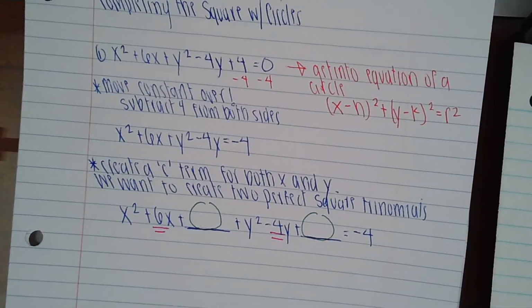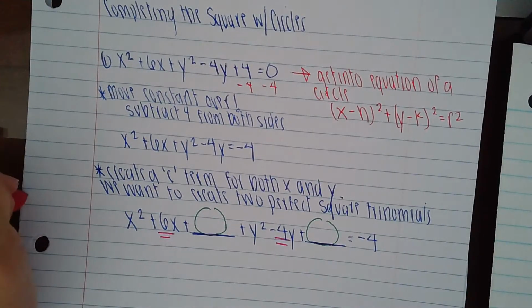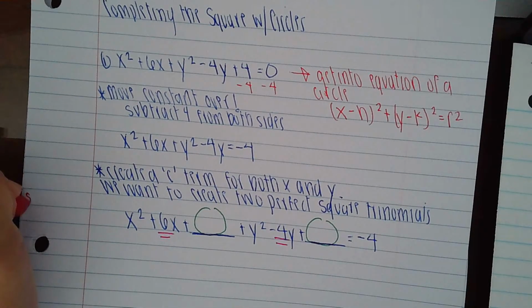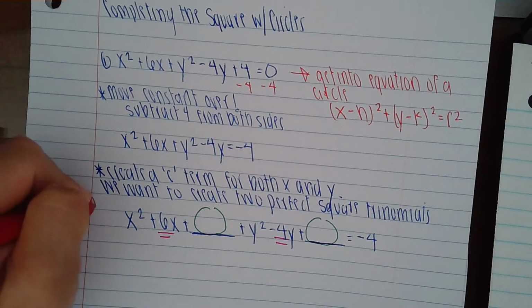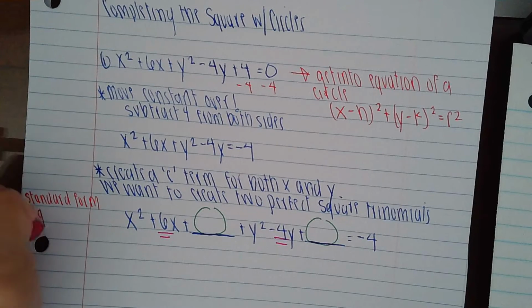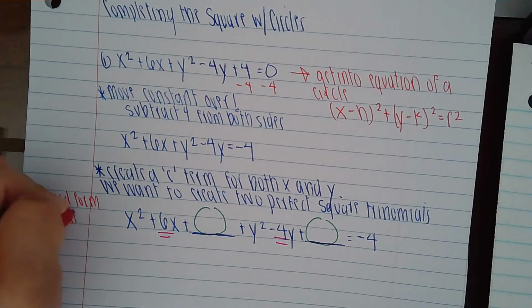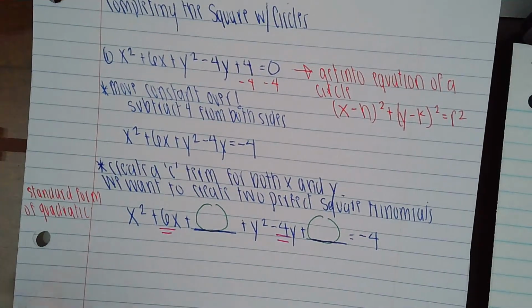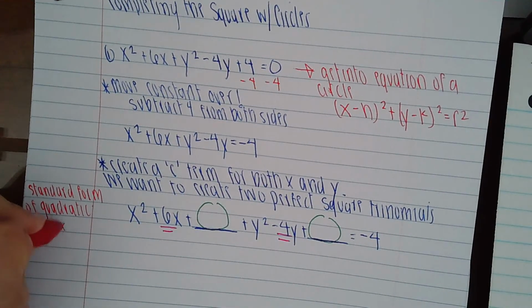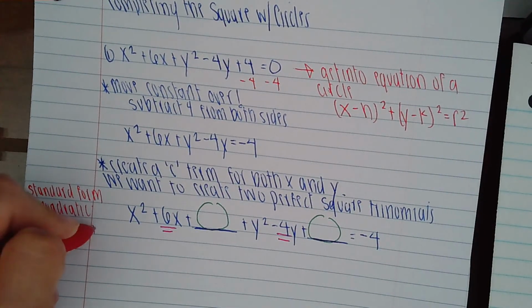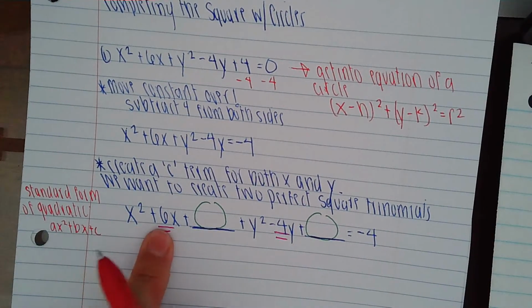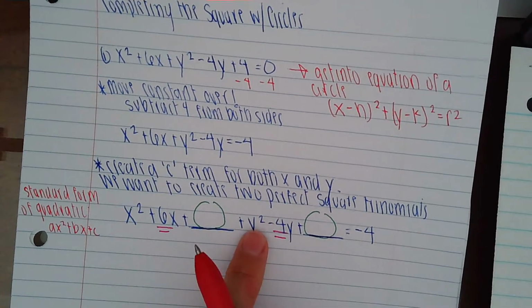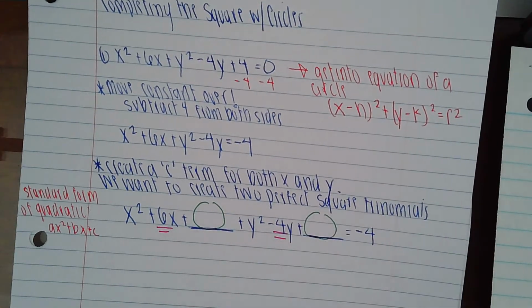If you remember, the standard form of a quadratic is ax squared plus bx plus c. So here's our a term, our b term, and our c term.